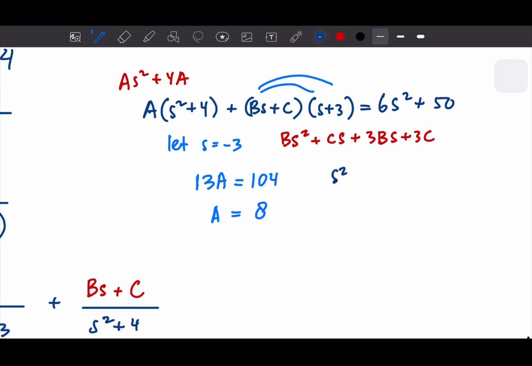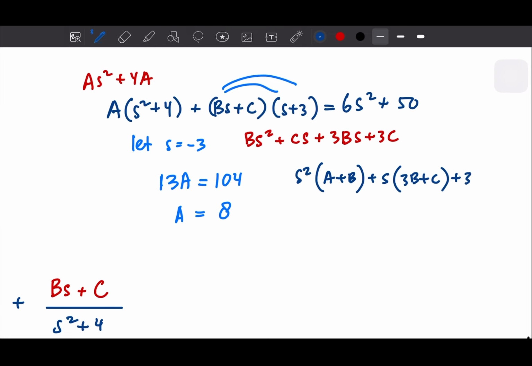Okay, so the s squared coefficient is a plus b, and then plus s times 3b plus c, and then plus 3c plus 4a.